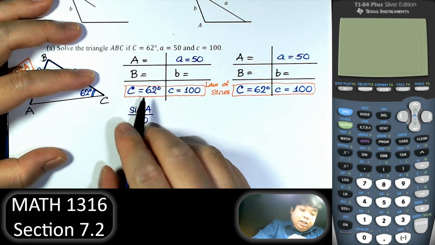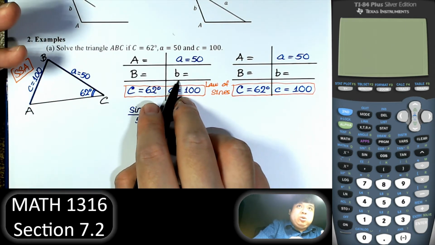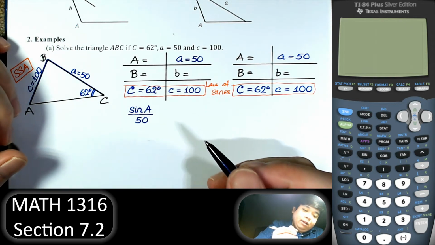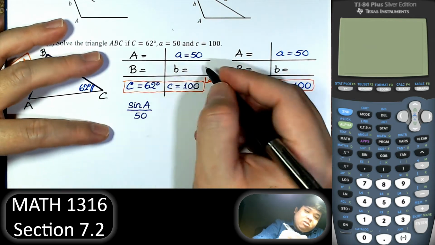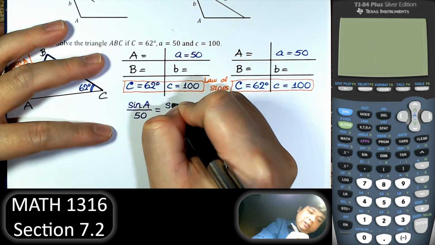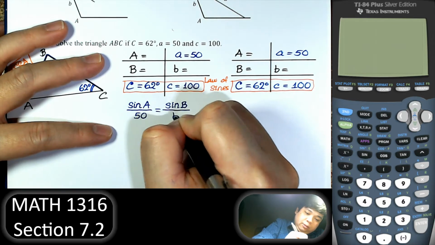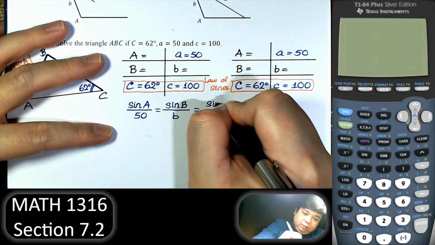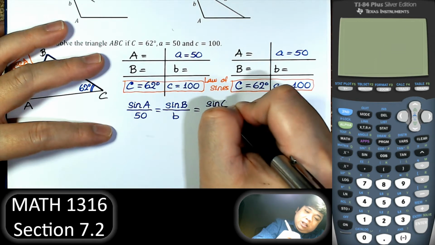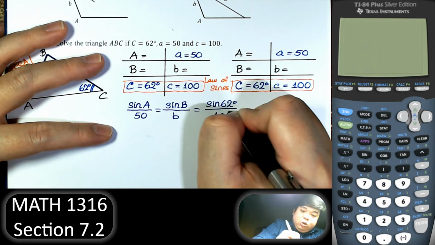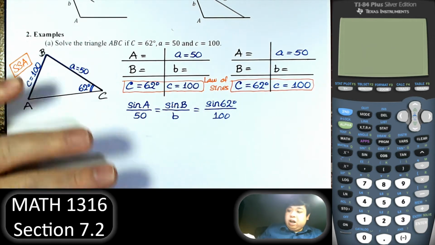Sine of B over b, like I said, that ratio is useless because we don't know that, but regardless, just write that out. And sine of 62 degrees over 100. Definitely we need to use this ratio because we know both a side and an angle.